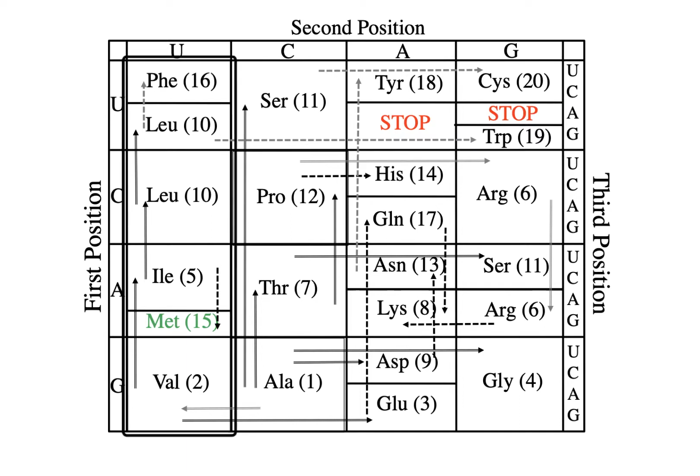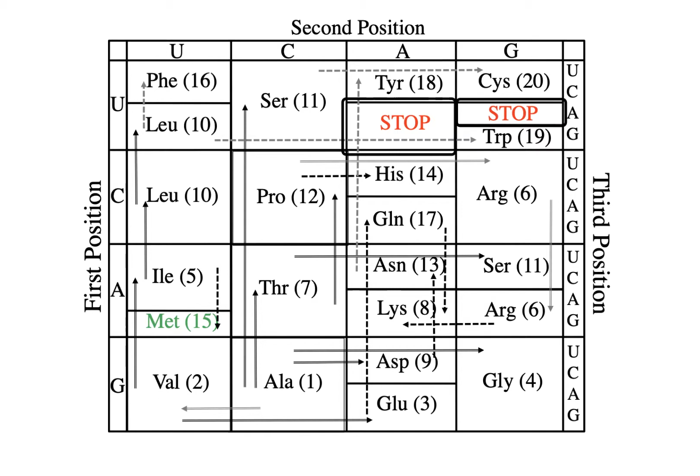So originally the start codons were all over on this side with the second position U. Now just methionine is the major start codon, and stop codons were pretty much about half of the genetic code consisted of stop codons. Now these three, UAA, UAG, and UGA, are the primary stop codons, but that's not universal either.